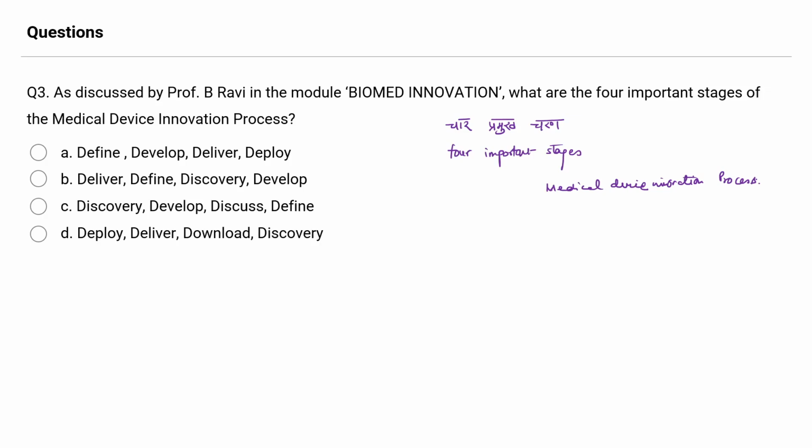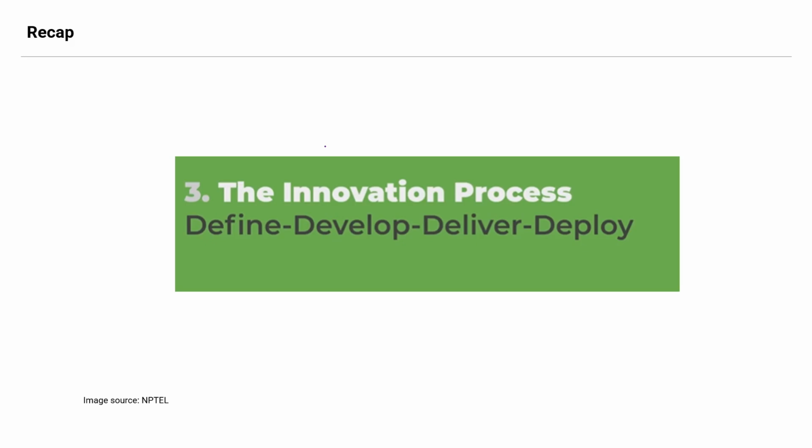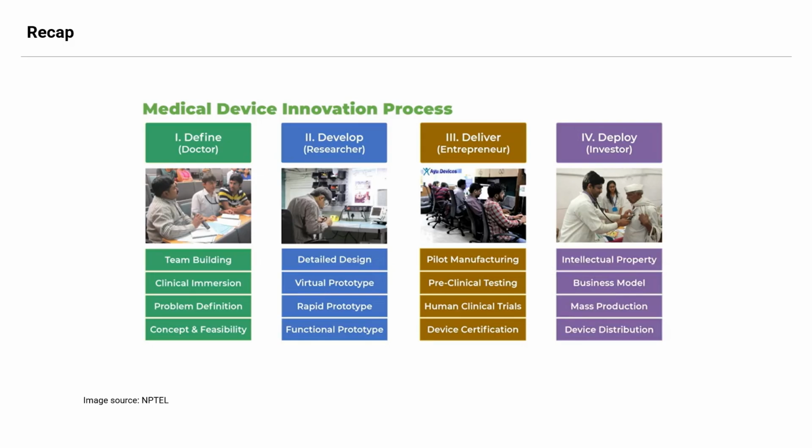Okay, let's do the screen validation. We've got one word for this. Okay, so the innovation process includes define, develop, deliver, and deploy. Define is where the doctor, Dr. Nambiraj, is defining the problem.